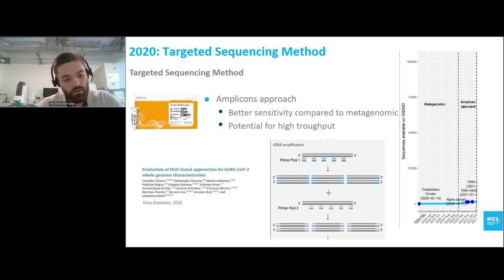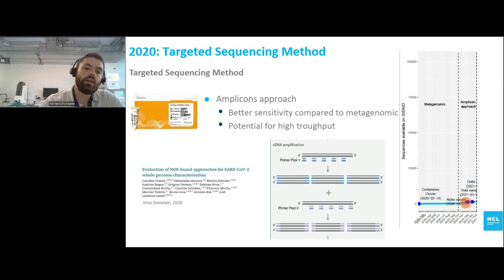You can see again on the right side of the screen the amplicon approach that was used in October 2020. You can see that the sequences generated from our lab slightly increased at that time, and you can see here the first alpha variant detection in our lab.